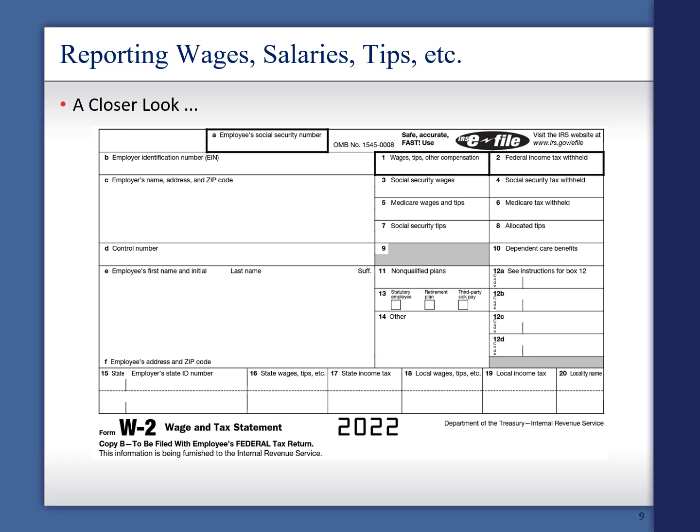Box 7, Social Security Tips, is for tips reported to the employer by the employee. Social Security tips are included in Box 1 income, and taxes have been withheld on this income. Box 8, Allocated tips, is for tips the employer allocates to the employee. This is usually for large establishments. Allocated tips is money given to the employee out of the tip pool and has not been reported in Box 1.